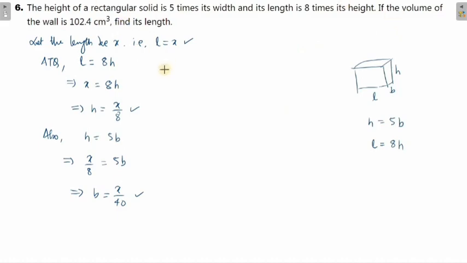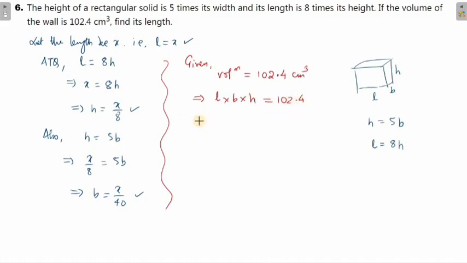Now what is given to us? We are given the volume of the wall, right? So volume is given to be 102.4 centimeter cube. Now what will be the volume? You know, volume formula is L into B into H. So this is given to be 102.4. So L is how much? L is x.